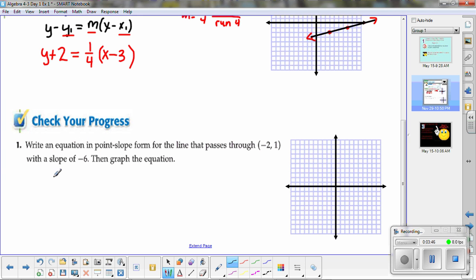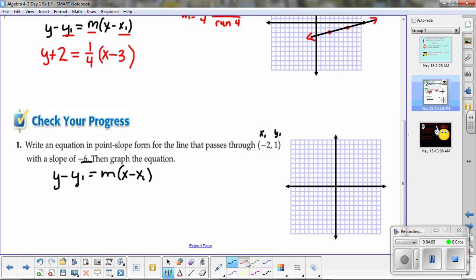Remember, the point-slope formula is y minus y1 equals m times the quantity x minus x1. This right here is our x1 and y1, and our slope is -6.